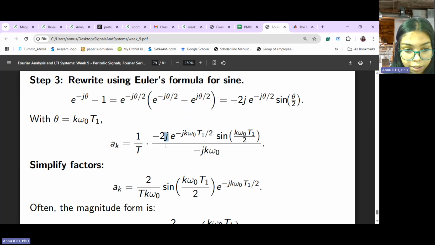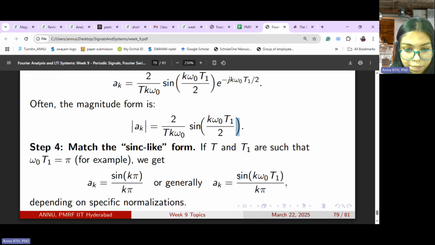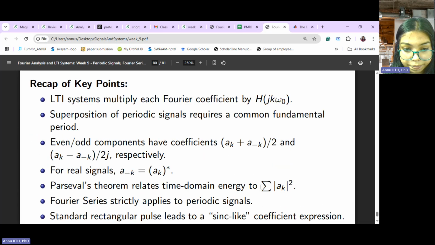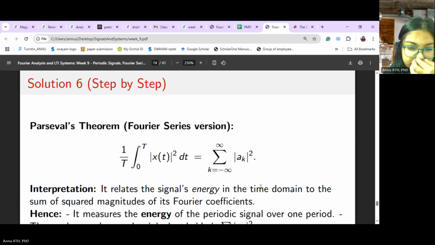Simplifying the magnitude, it matches a sinc-like form, because if t and t1 are such that omega naught t1 equals pi, for example, we get ak equals sine k pi by k pi, or generally ak equals sine k omega naught t1 by k pi. Okay, so moving to question number 7.